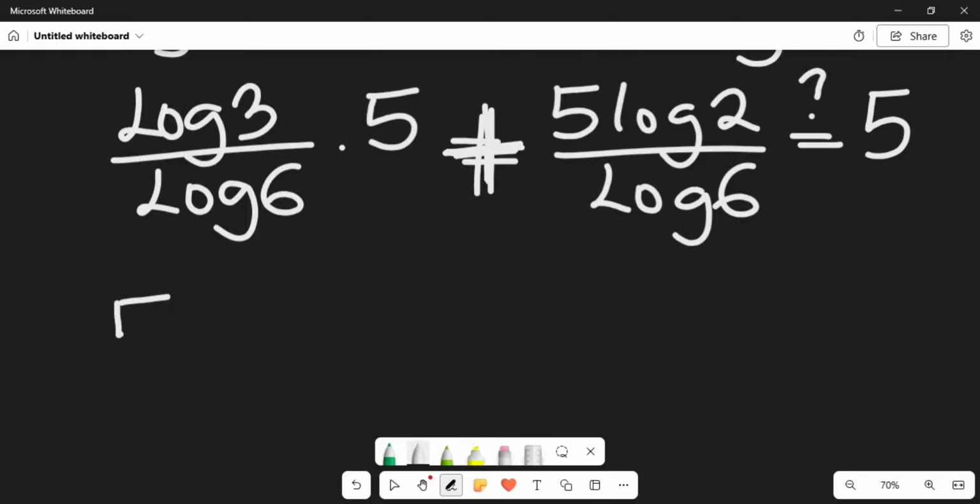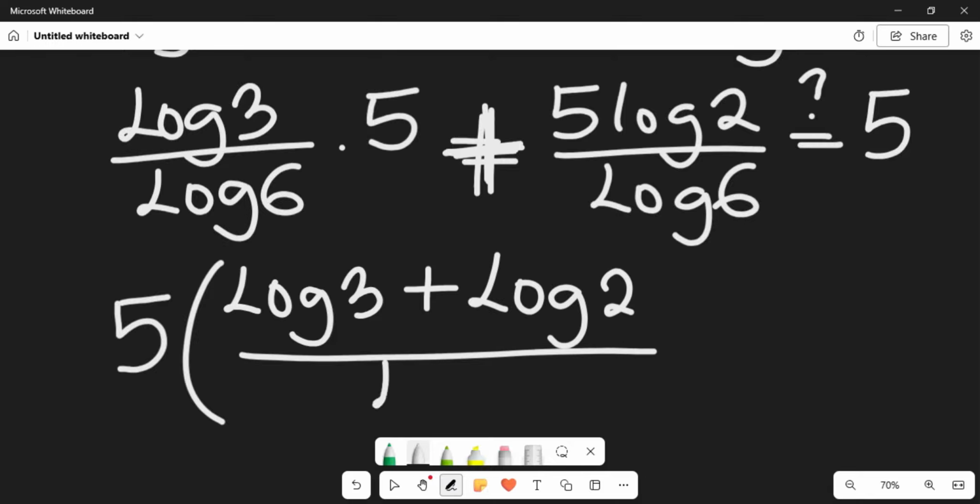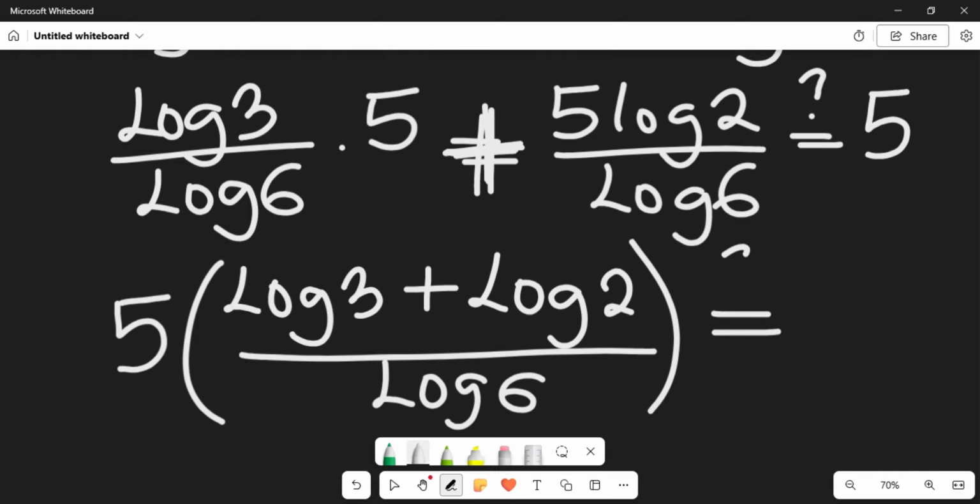If we bring out 5, we're going to have this whole expression give us the log of 3, right, plus log 2, and since they have the same denominator, this will give us log 6, right? And all of these will be equal to 5?